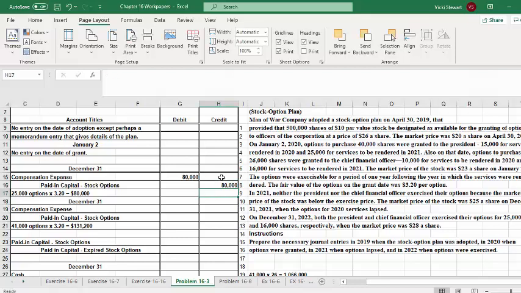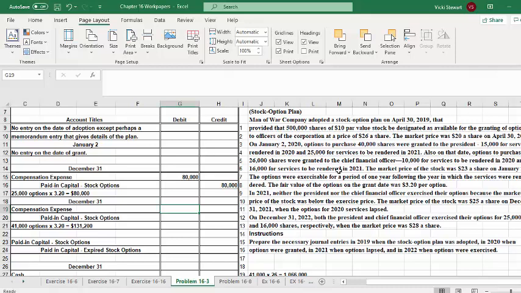Also, at December 31st, we would need to record the compensation expense for the options that were granted for the services rendered in 2021. The President was given 25,000 options for his services in 2021, and the CFO was granted 16,000 for 2021.